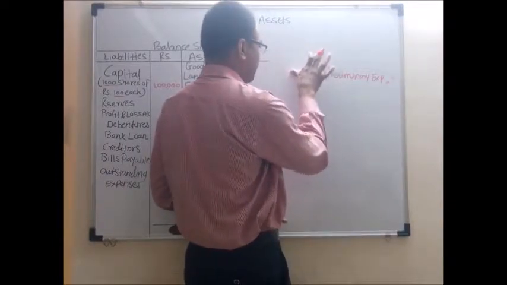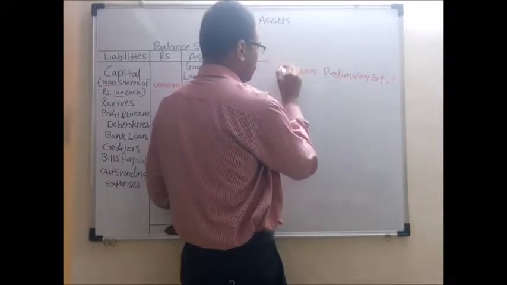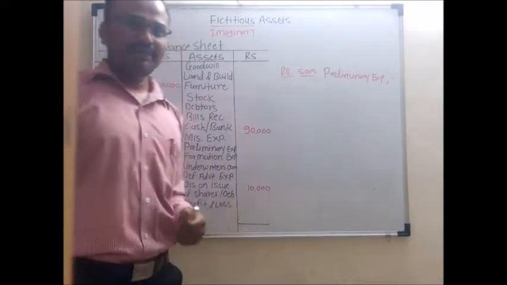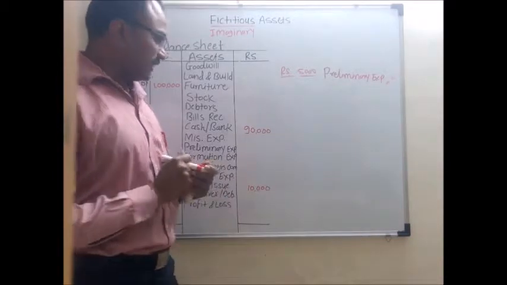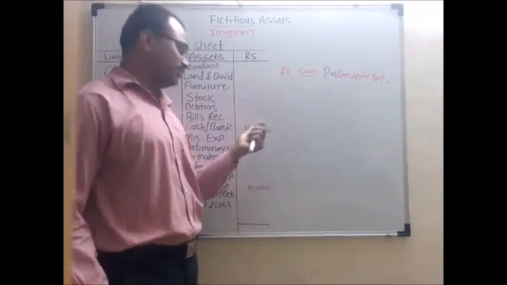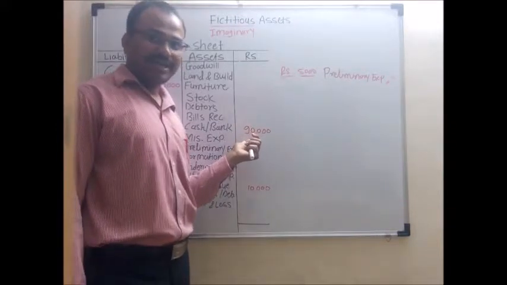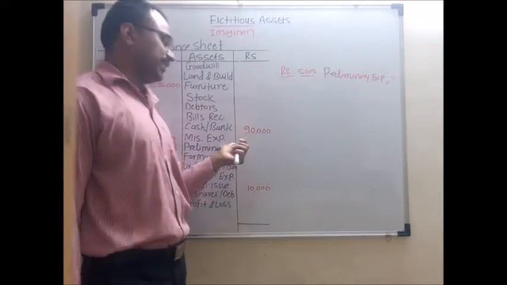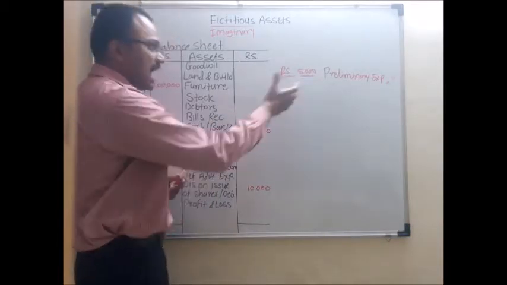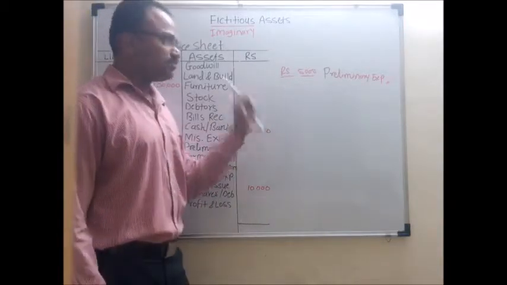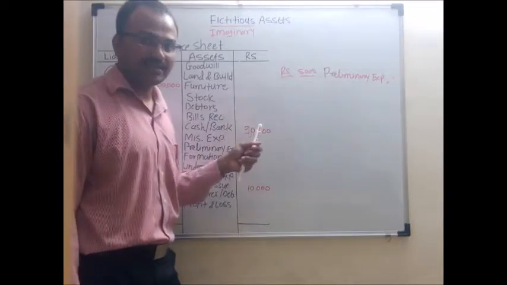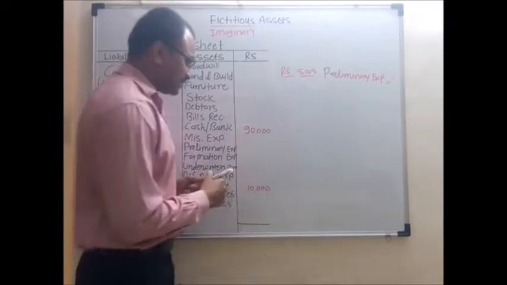I incurred rupees 5,000 as preliminary expenses. So I have to pay this 5,000 from the available cash of the company. It means out of this 90,000, I am going to use 5,000 rupees for preliminary expenses.